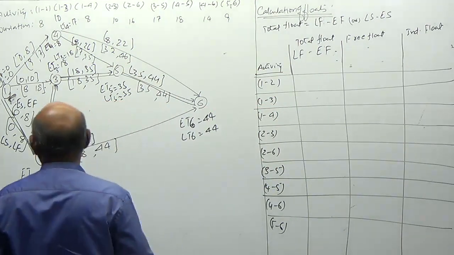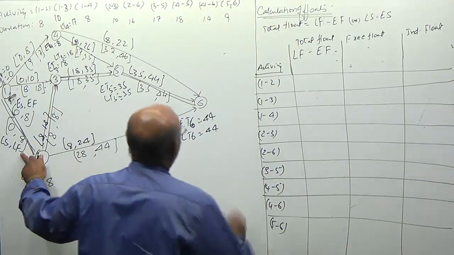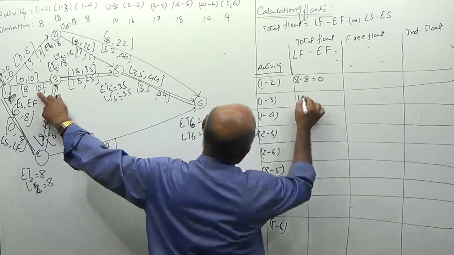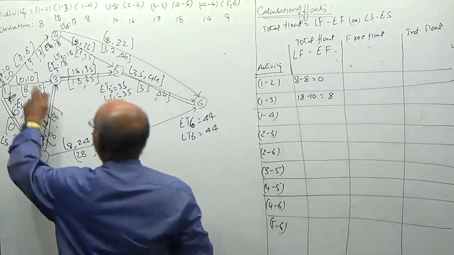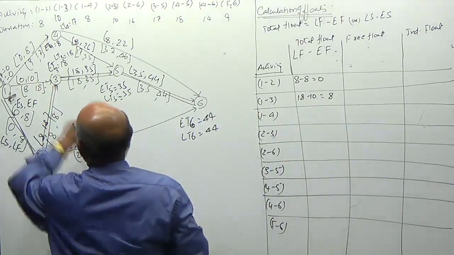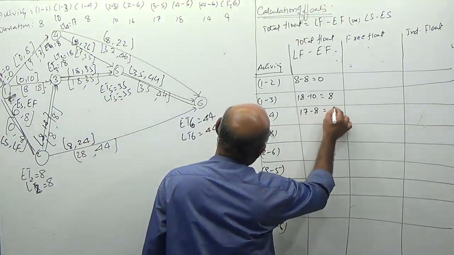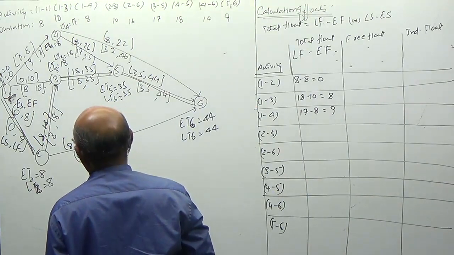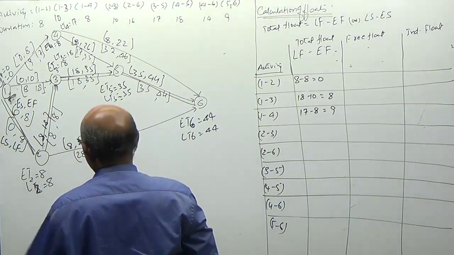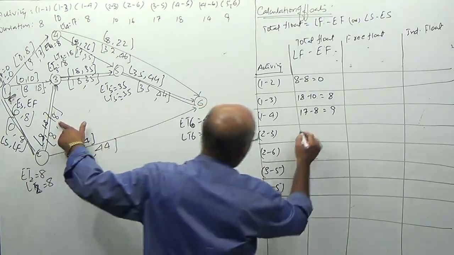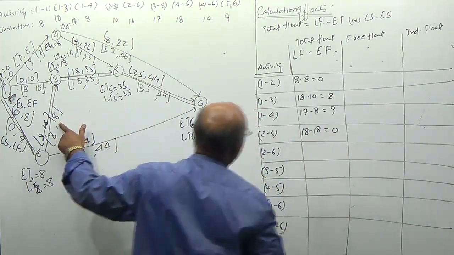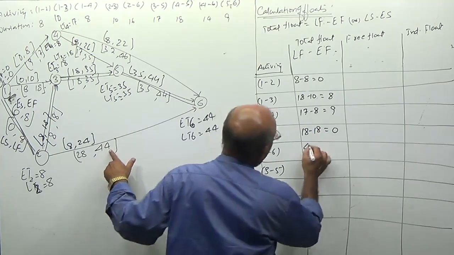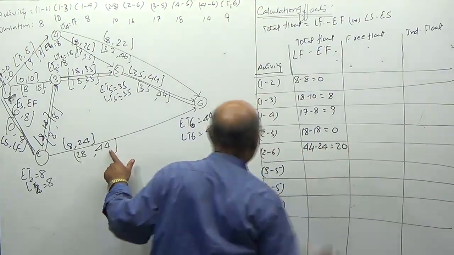So for activity 1 2, LF minus EF, 8 minus 8 is equal to 0. For 1 3, 18 minus 10 is equal to 8. 1 4, 17 minus 8 is equal to 9. Next, 2 3. 18 minus 18 is equal to 0. Next, 2 6. 44 minus 24 is equal to 20.